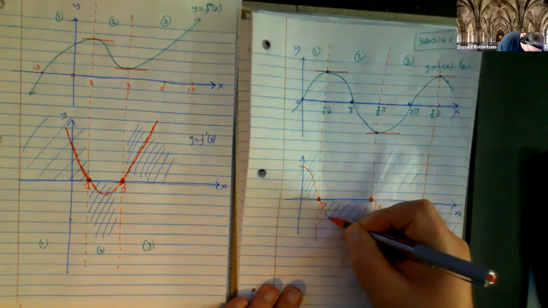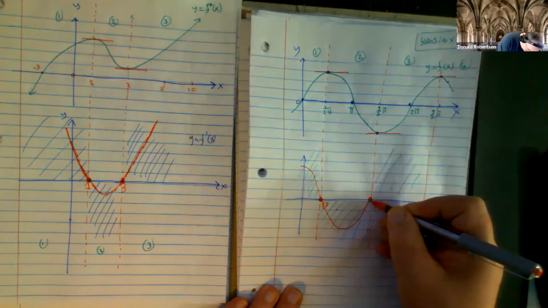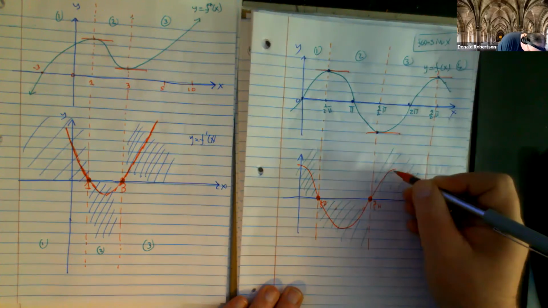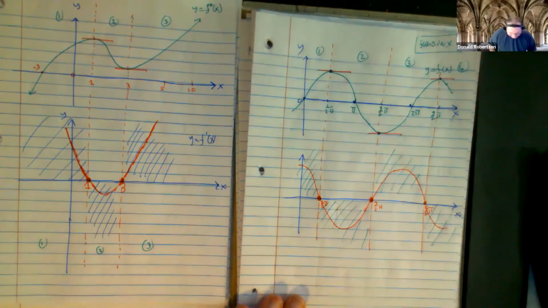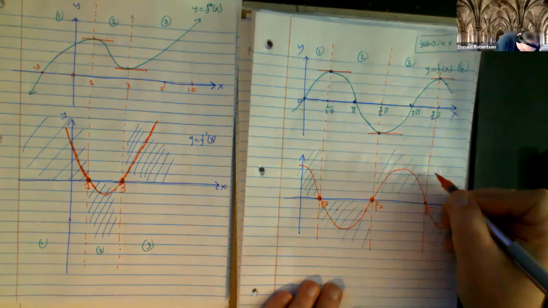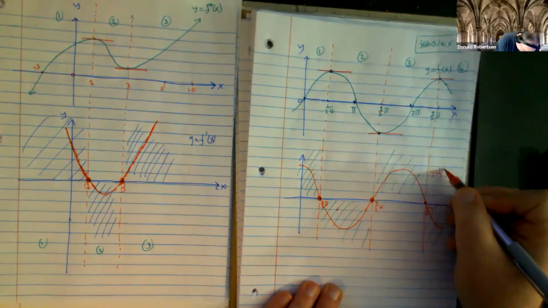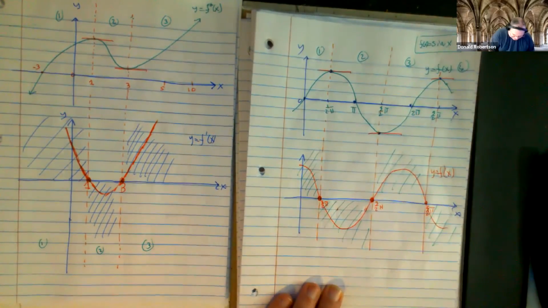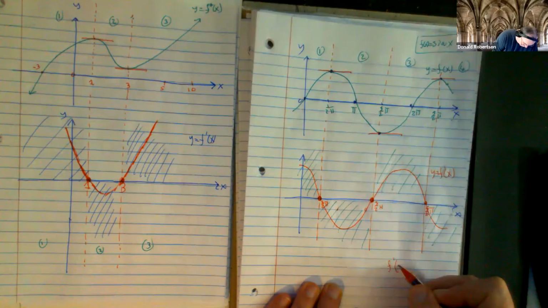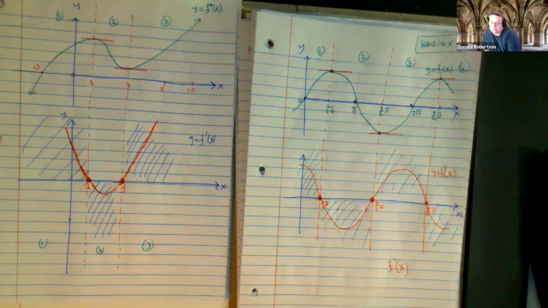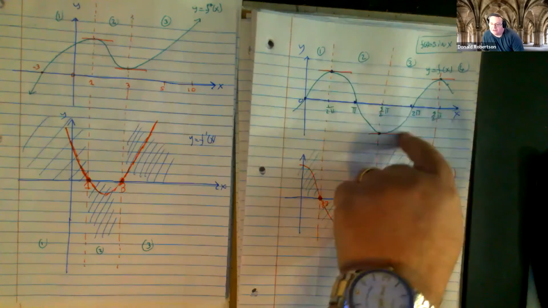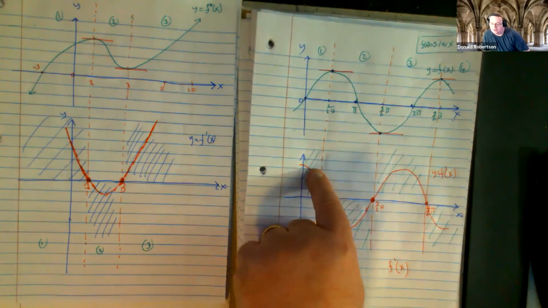And now I'm going to try, not the most artistic person in the world, but there we go. That's what the derivative function looks like. Does anyone recognize that guy? This one is the sine function. Do you recognize the red one?